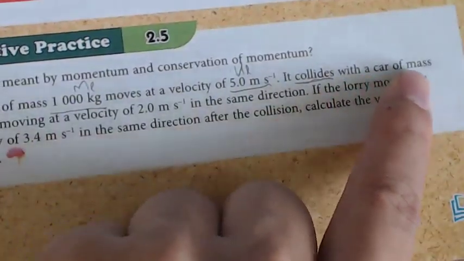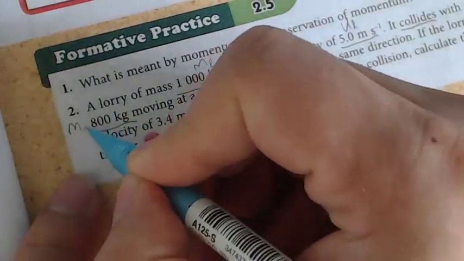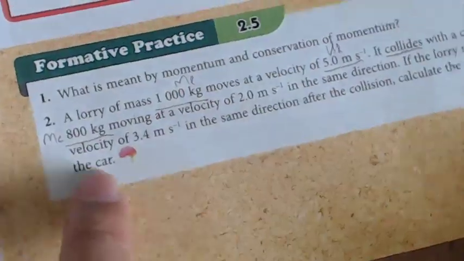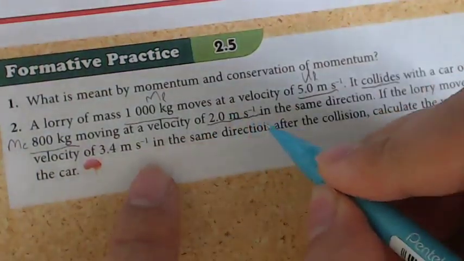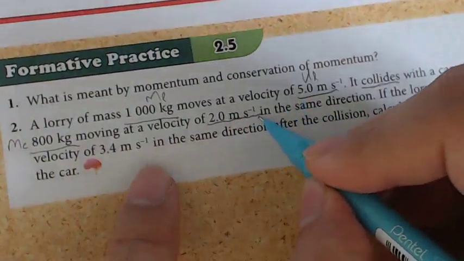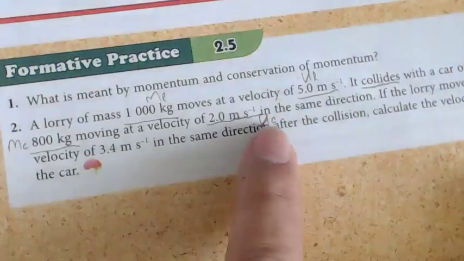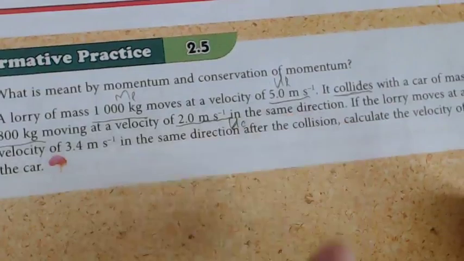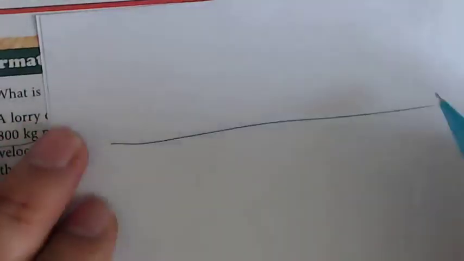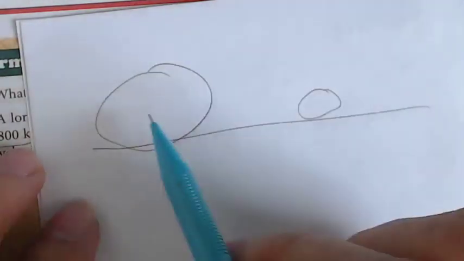With a car of mass 800 kilogram, mc for mass of car, moving at a velocity of 2. This also is u, because it is the initial velocity for the car, uc. Okay, in the same direction. In the same direction means that they both go the same way. This is the car, this is the lorry.